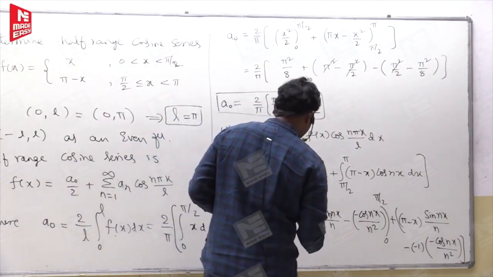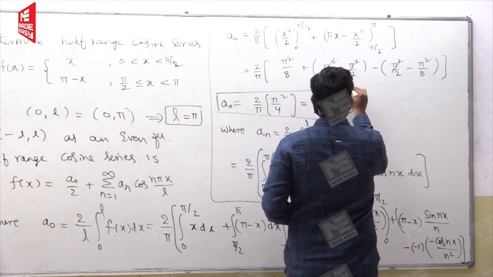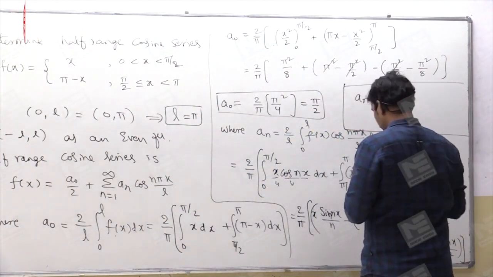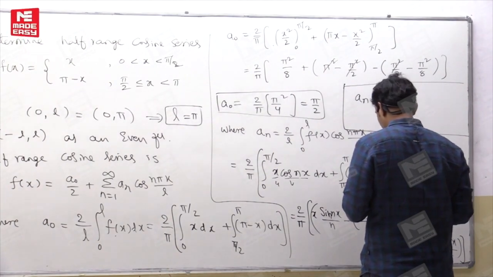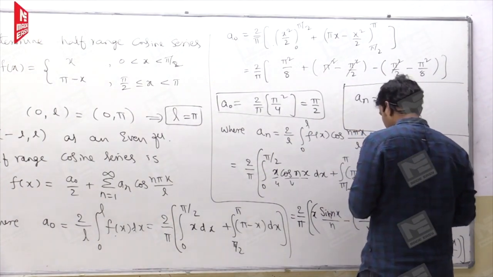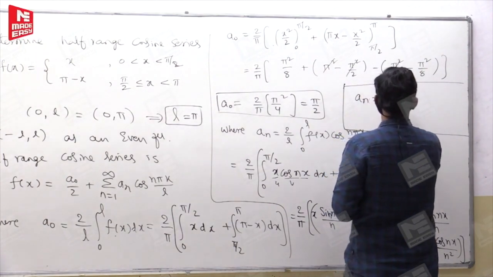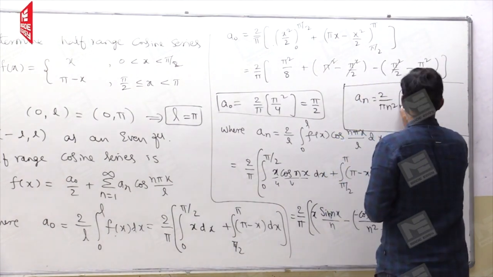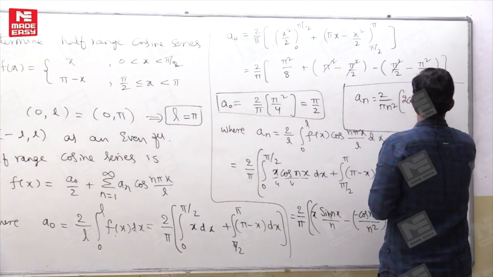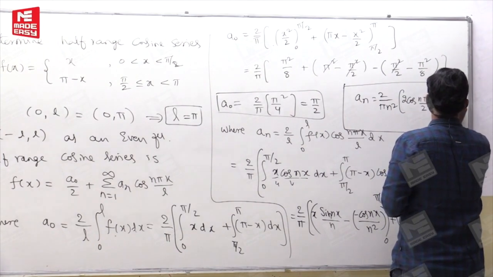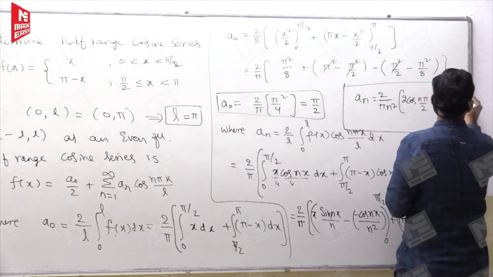Yes, so after simplifying this integration, a n you are getting as 2 by pi n square of 2 cos n pi by 2 minus 1 whole to the power of n, minus 1.